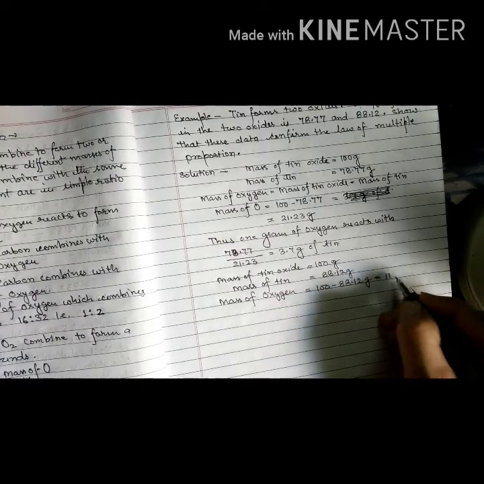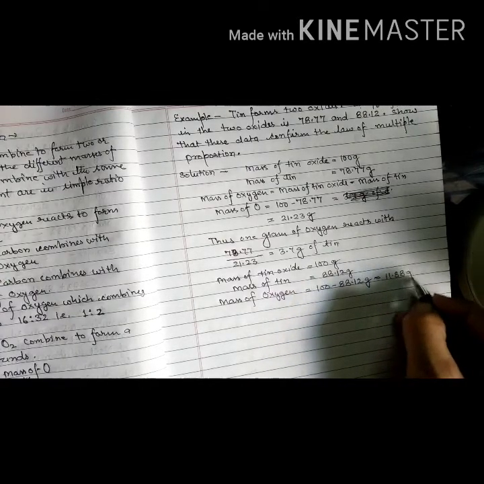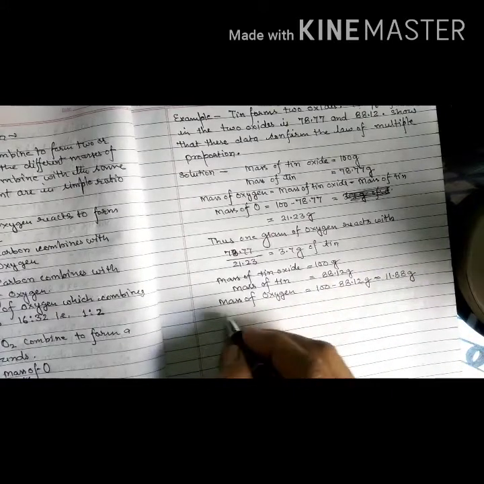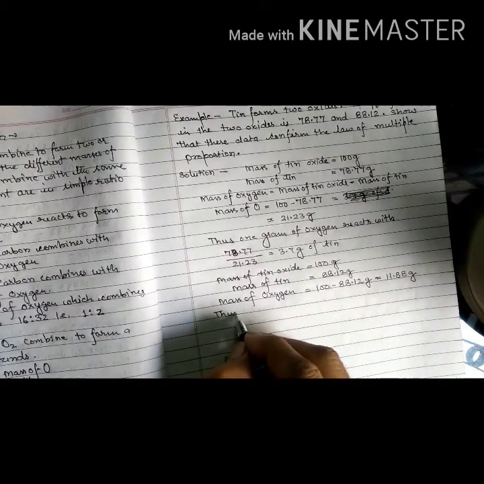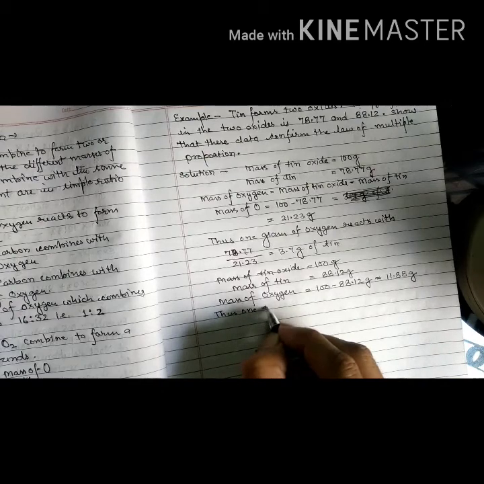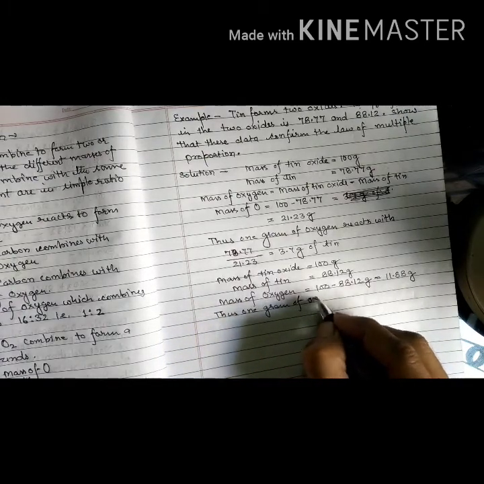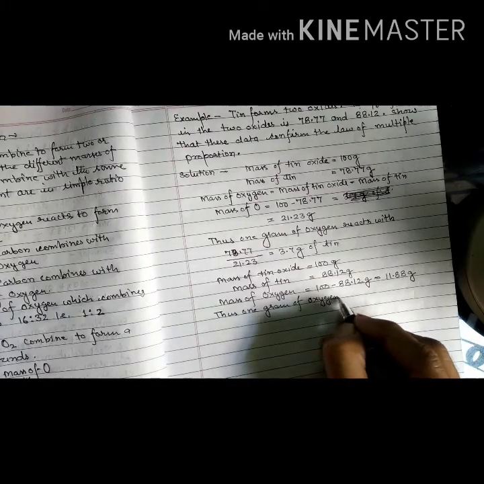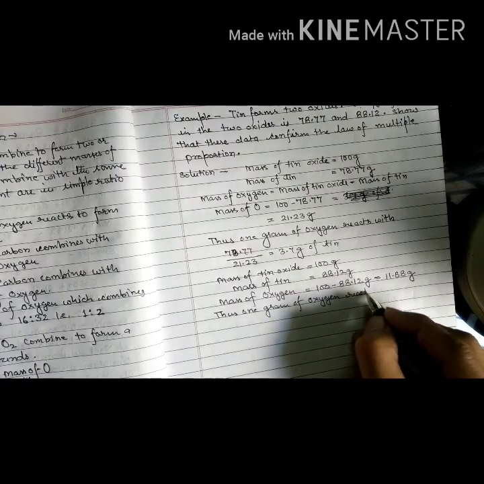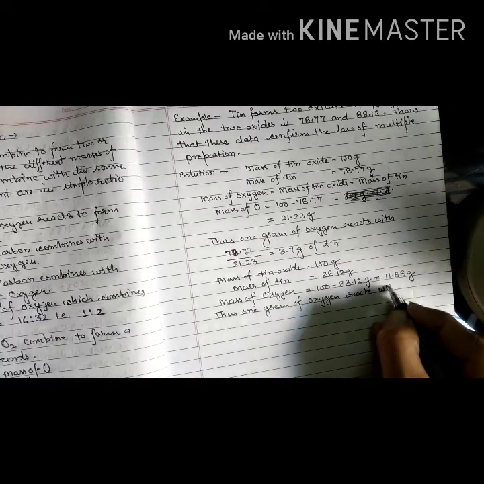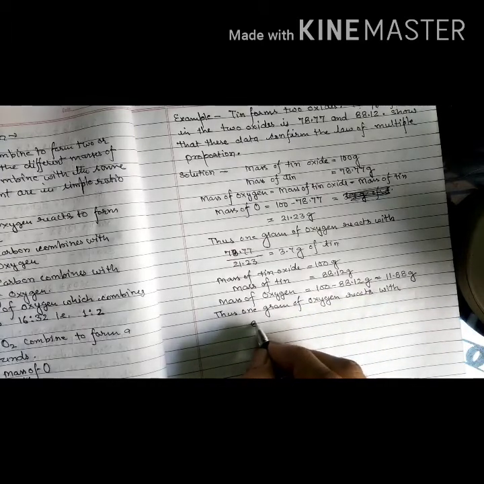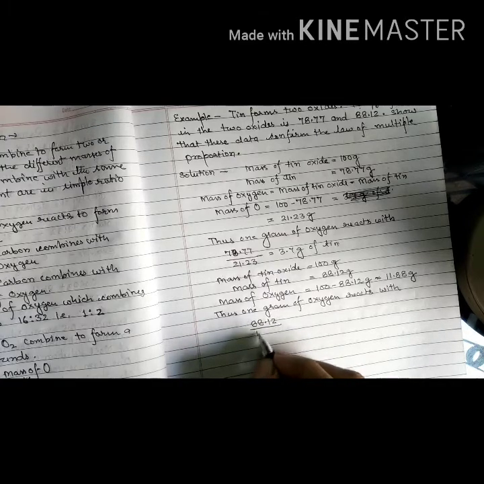This comes to 11.88 gram. Thus 1 gram of oxygen reacts with 88.12 upon 11.88.